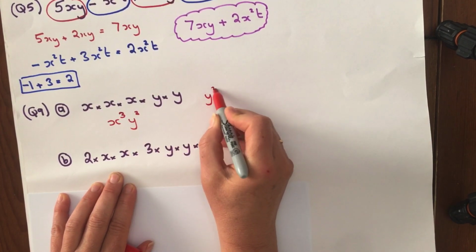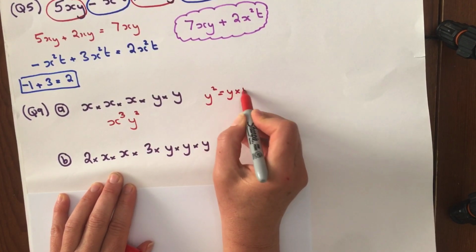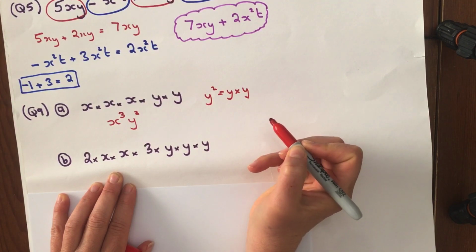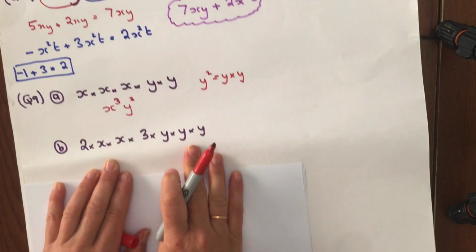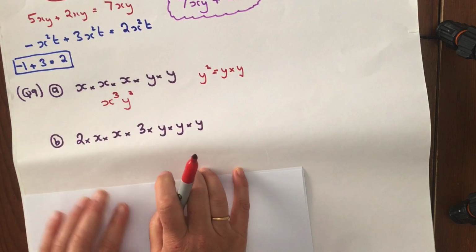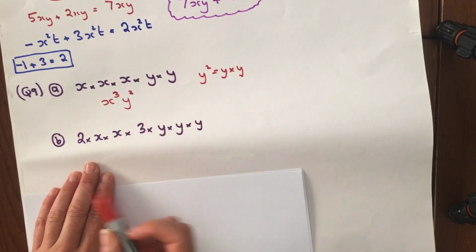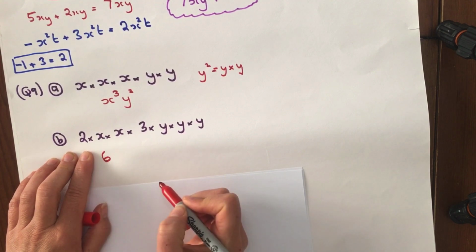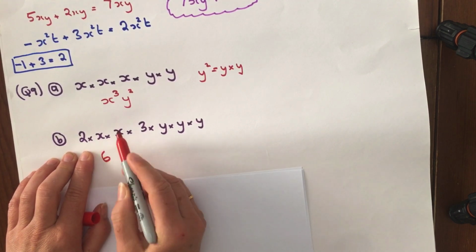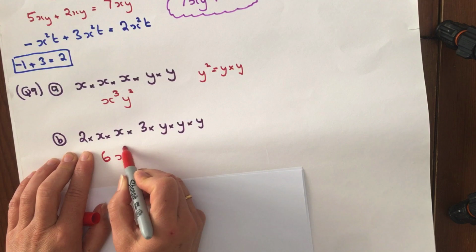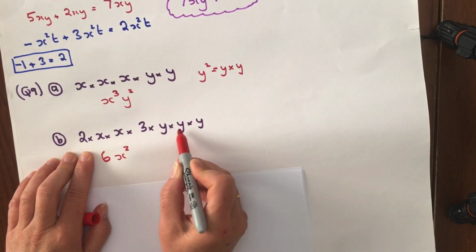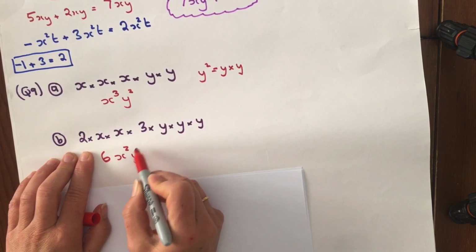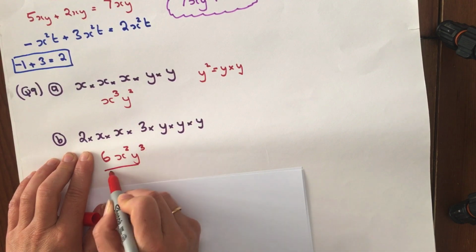Remember, y squared means y times y. Okay, here on part B, if I times the 2 with the 3, 2 times 3 will give me 6. And then I've got x times x, which is x squared, and y times y times y will give me y cubed.